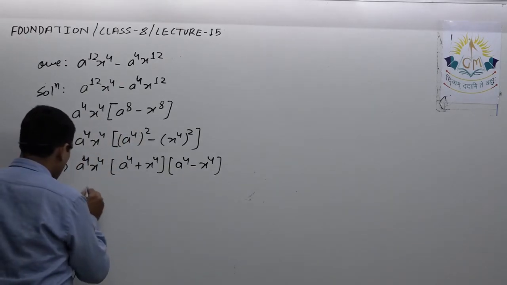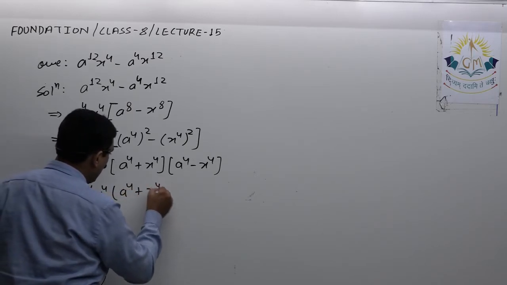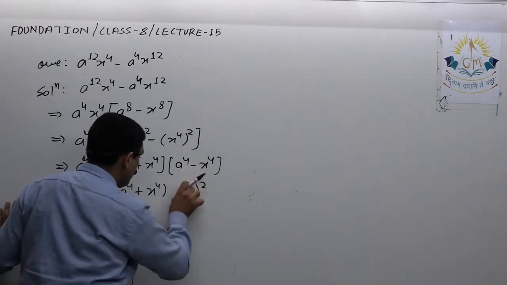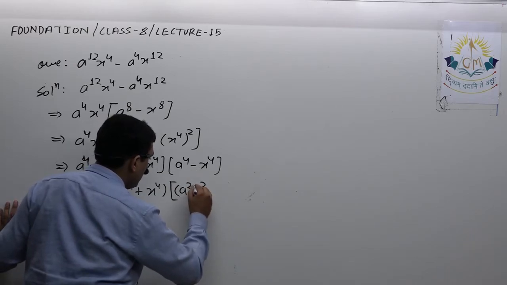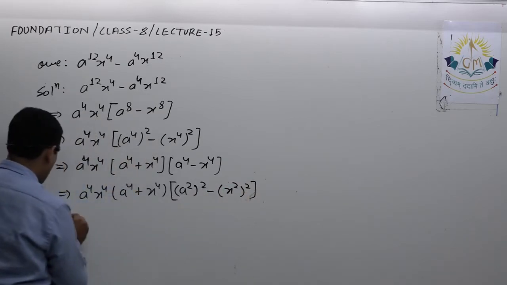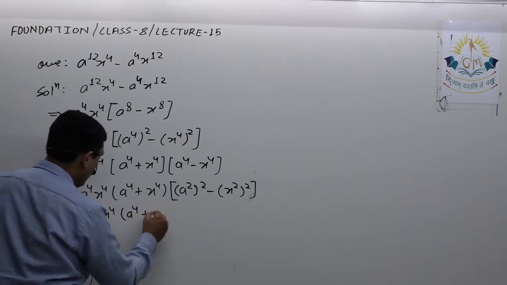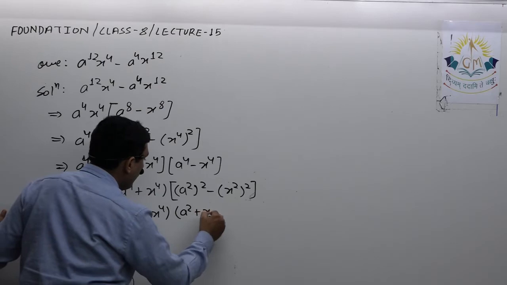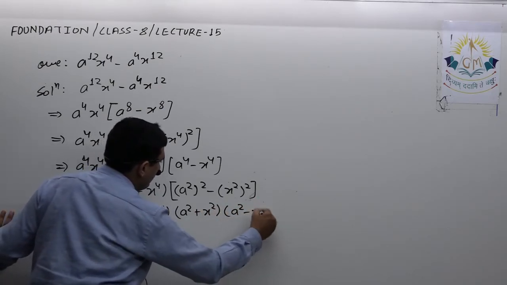So this will become a raised to 4 plus x raised to 4, and here a square square minus x square square. Okay, so a raised to 4 plus x raised to 4, and here it is again a square plus x square and a square minus x square.